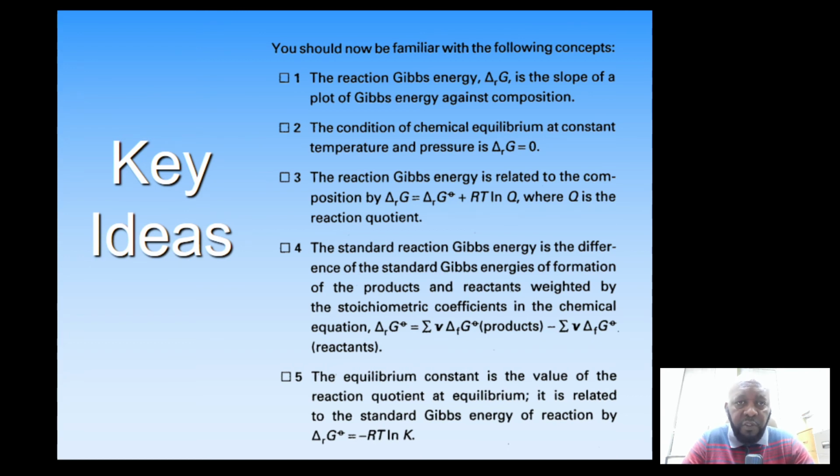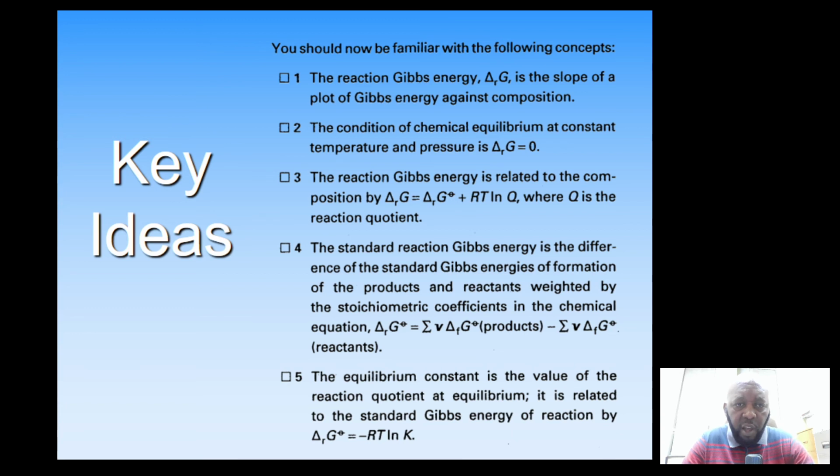If you are working with concentrations, we are going to have the equilibrium constant K. But if you are working with pressures, we are going to have Q. And the ln of Q can be related to the reaction Gibbs energy according to that reaction.